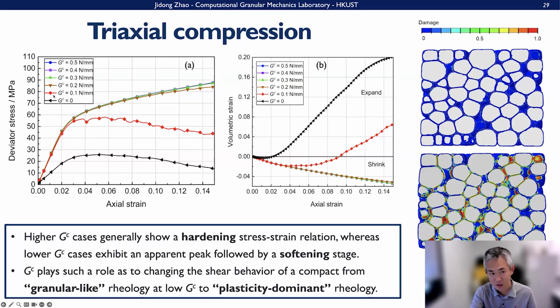And then if you have certain cohesion at these levels, then this will be delayed. So the dilation will be delayed here. And then if the cohesion is strong enough, then you will only exhibit a contractive behavior here, right?